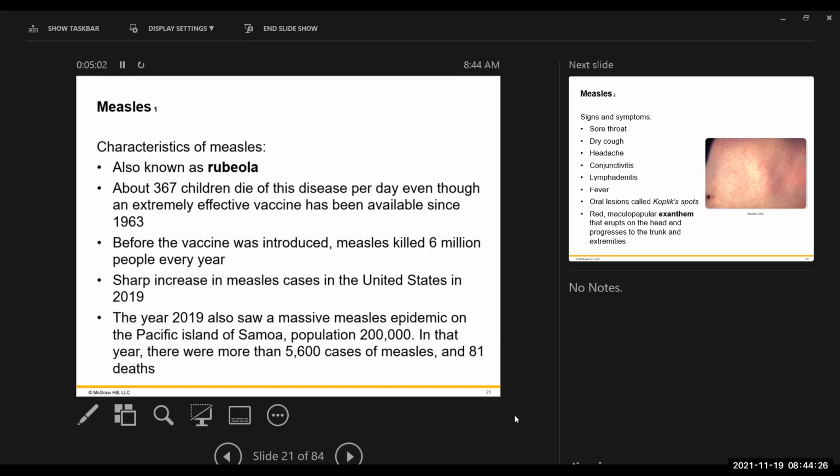And the prodromal period is about 3 days. The prodromal period is characterized by the 3 C's.